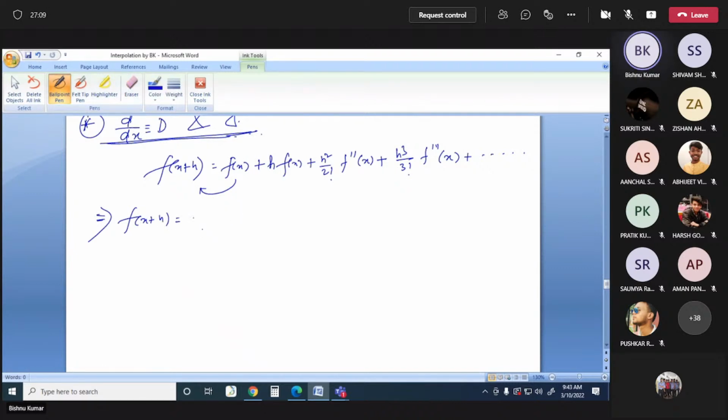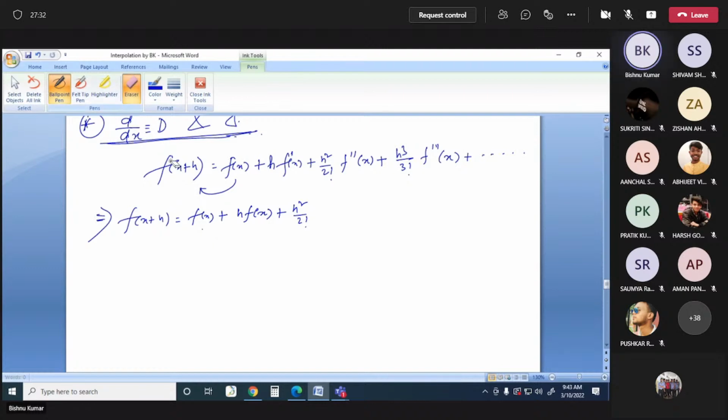What I am doing actually is f x plus h f dot x plus h square by factorial 2 f double dot x.